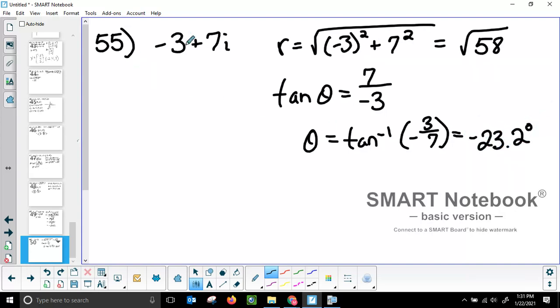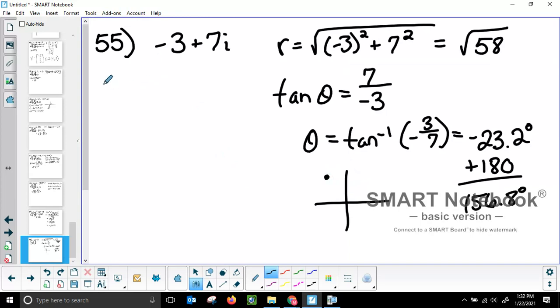Now we need to see, if we were to graph this thing, negative 3/7 would be up here somewhere. Negative 23.2 is down here somewhere. So we know that we're going to have to add 180 to this. And when we add 180 to that, we get 156.8, which makes sense. If this is 90, we go further.